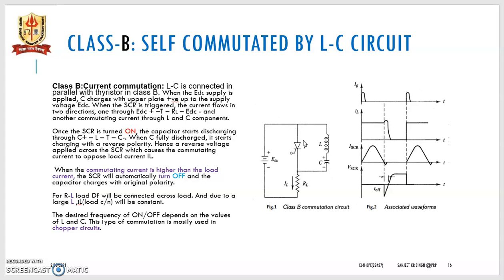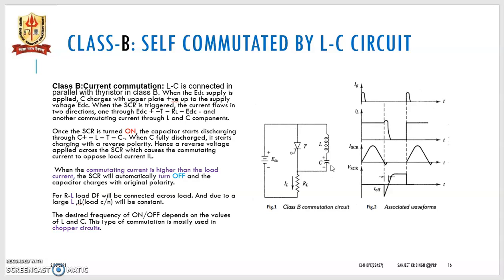So this is when the thyristor T is in the on state. Once it is turned on, the capacitor starts discharging. The current flowing through the thyristor due to this capacitor will be the discharging current, and it will discharge totally, and thereafter it will start charging with the lower plate positive and upper plate negative.